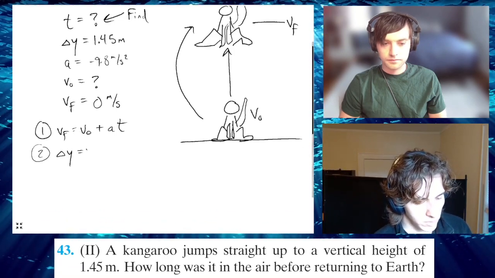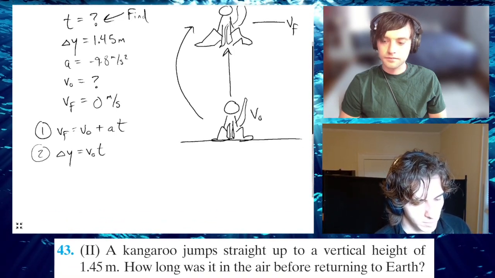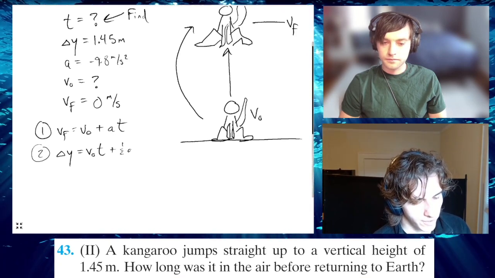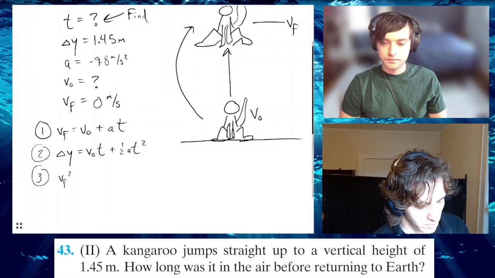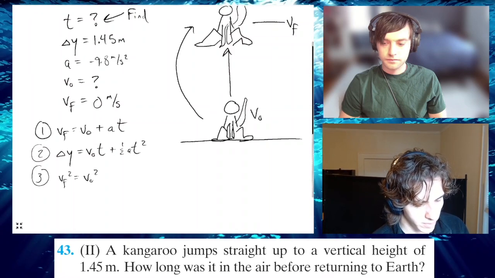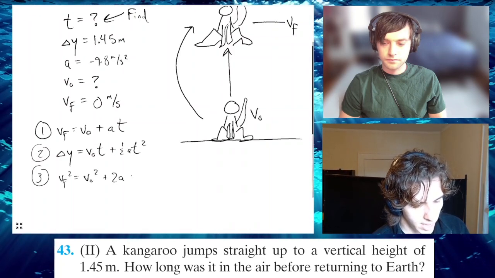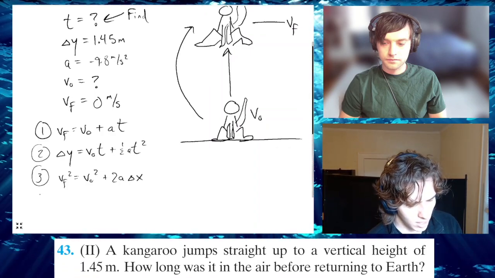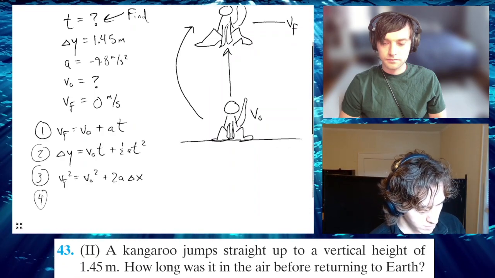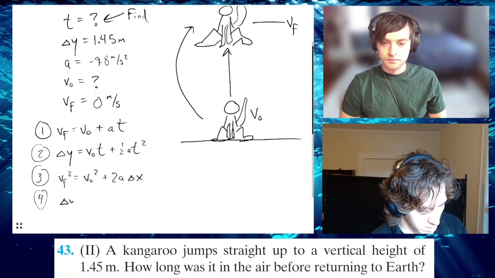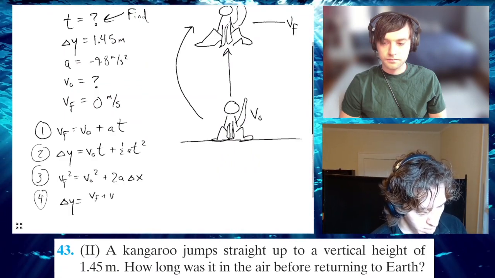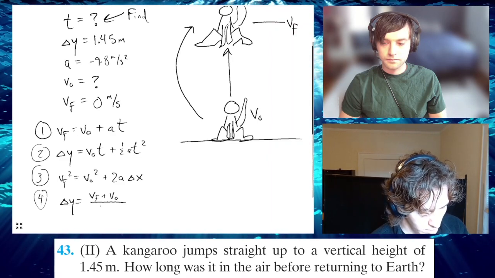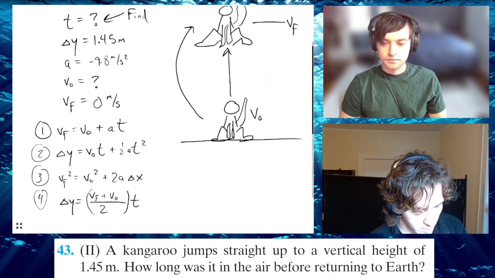Delta y equals V initial times time plus 1/2 AT squared, and V final squared equals V initial squared plus 2a delta x. I'll even include the fourth. This one we have delta y equals v final plus v initial over 2 times time.